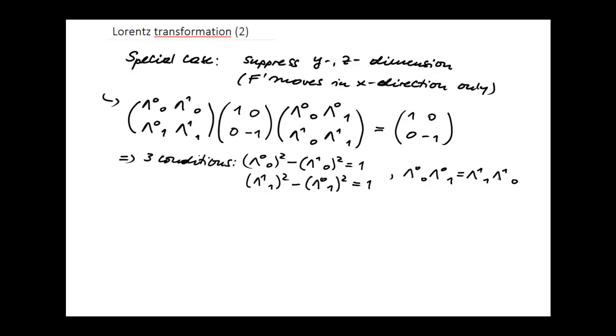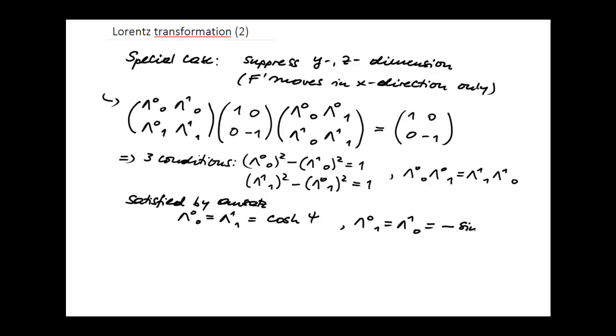These conditions are satisfied if we make the ansatz that lambda 0,0 and lambda 1,1 are equal to the hyperbolic cosine of some quantity psi, whereas lambda 0,1 and lambda 1,0 are minus the hyperbolic sine of the same quantity psi.